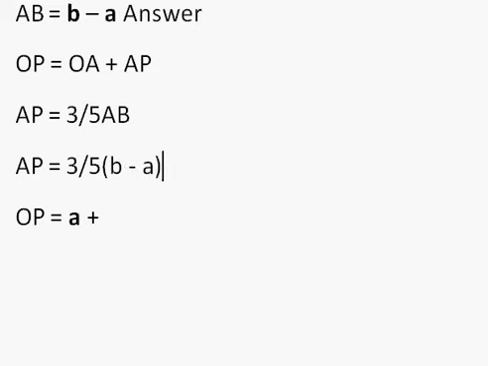So OP equals OA, which we said was the vector a, plus the vector AP. We know that AP equals 3/5 of all of b minus a. So write it down here, 3/5 of all of b minus a, and we work from here.